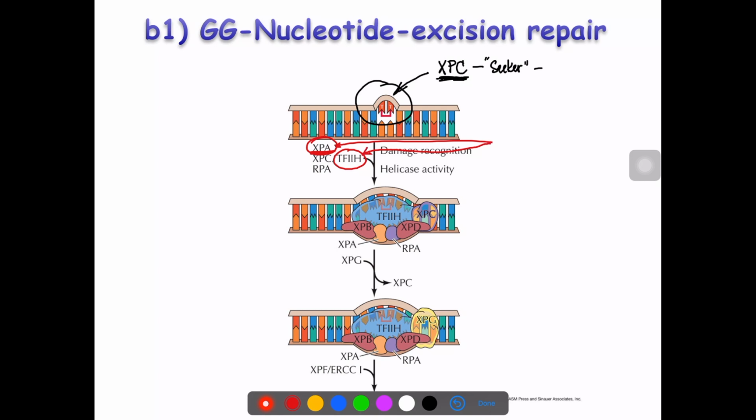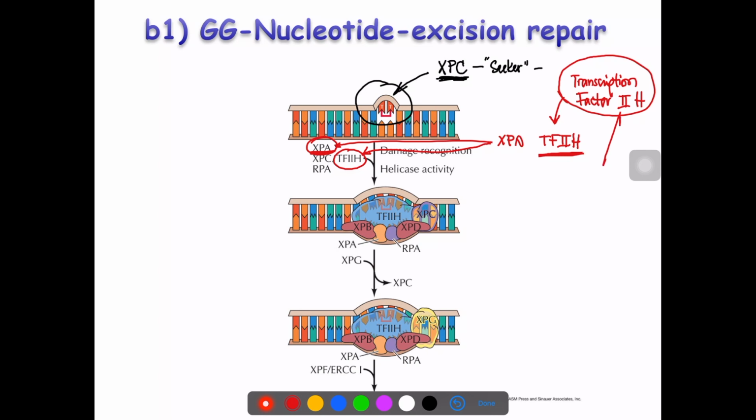So these two come together, XPA and transcription factor 2H, they come together. Now notice this is a transcription factor. Let's spell it out. TFIIH is transcription factor 2H. Now, the name of that transcription factor says a lot about what it does.